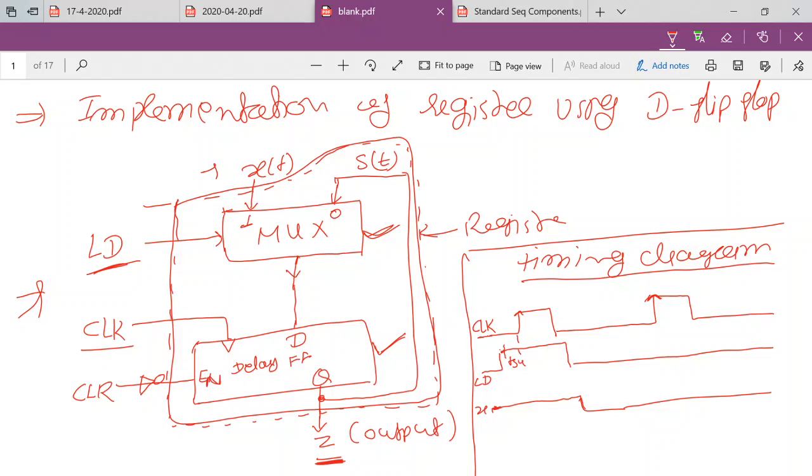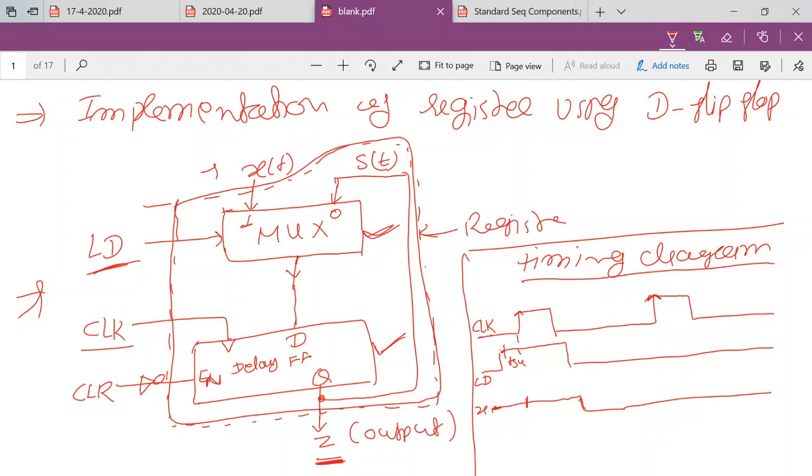Okay, there is no need to discuss in detail about the setup time. We have already discussed what it means. So after the setup time, LD is 1. So the positive edge trigger is here. At this moment X is equal to 1. We are assuming that clear is not 1, right?